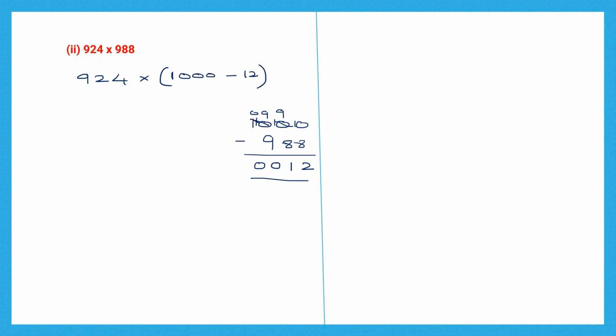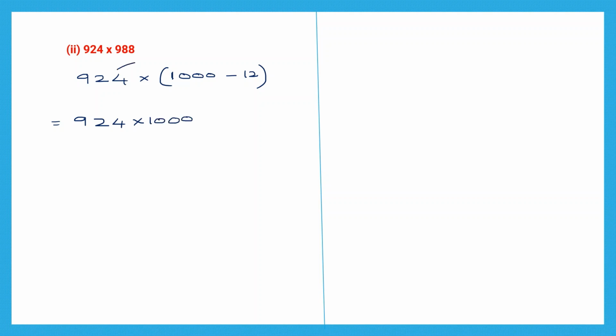So what have I done? Instead of 988, I have written 1000 minus 12. It's the same as 988. Now I can multiply 924 first by 1000. That is here, this one. And then I put minus, and then I multiply 924 into 12.